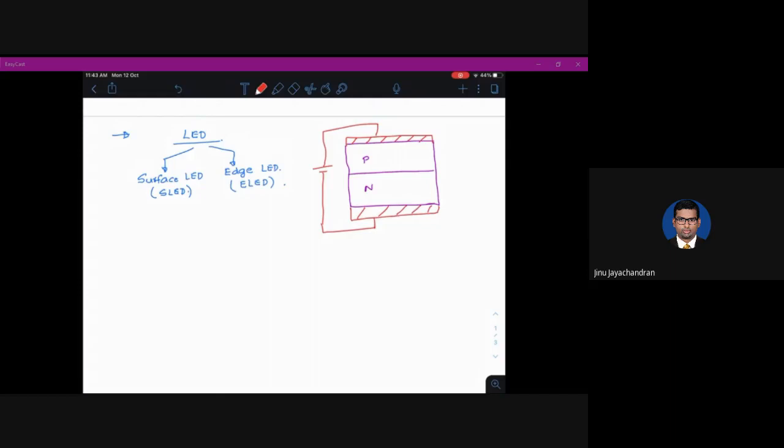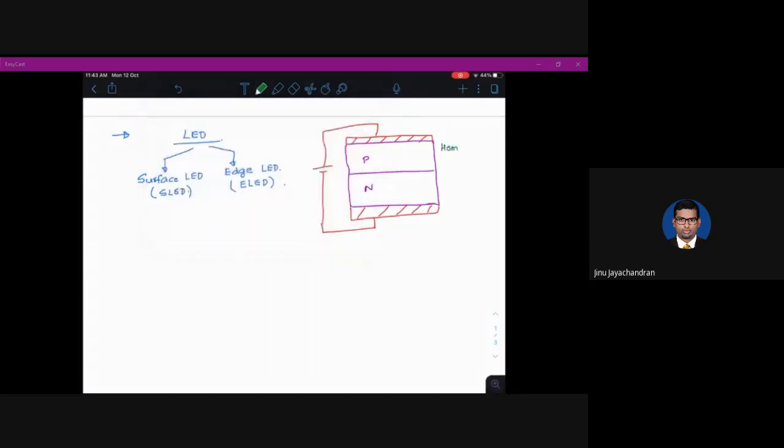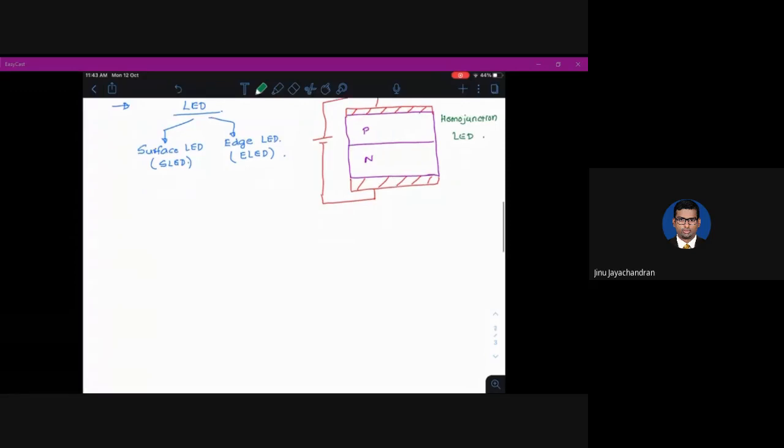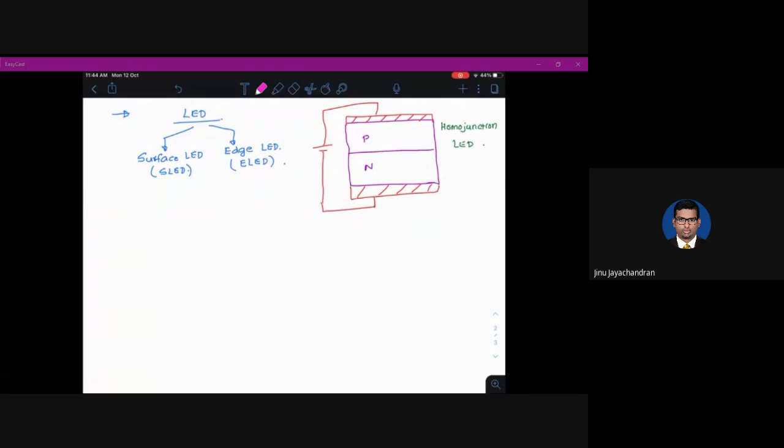And remember, this is a homojunction LED. If you draw the band diagram of this, since an external field is supplied, the band will be tilted.